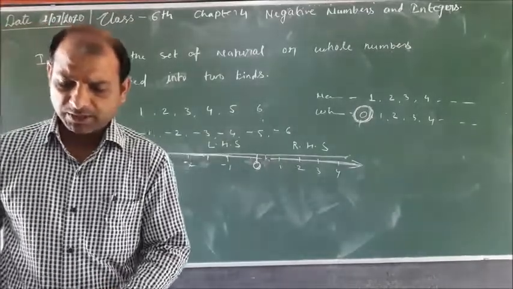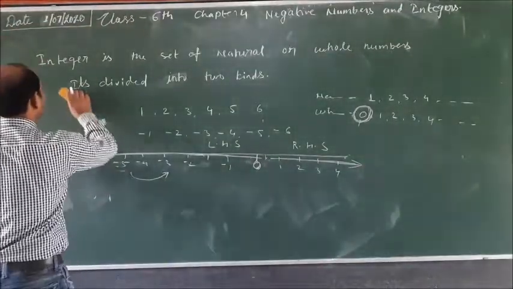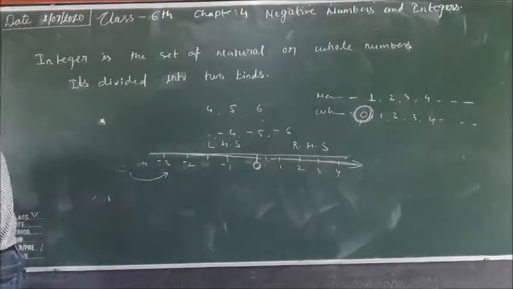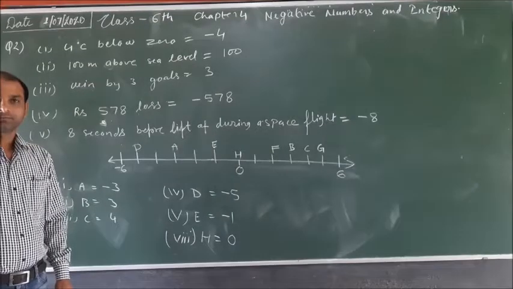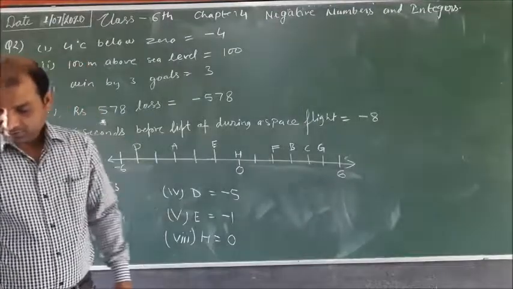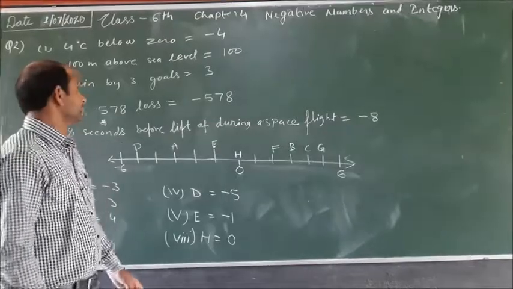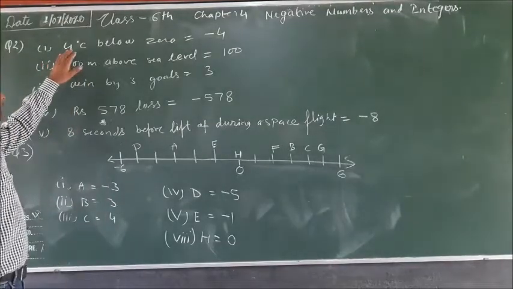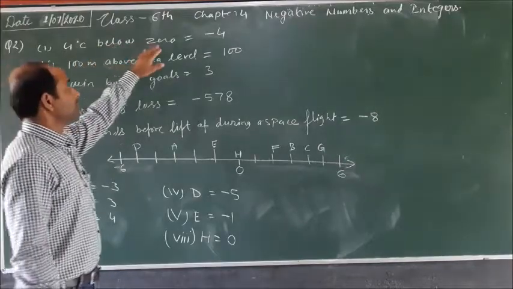Now question number 2: write integers to represent the following situations. First is 4 degrees centigrade below 0.